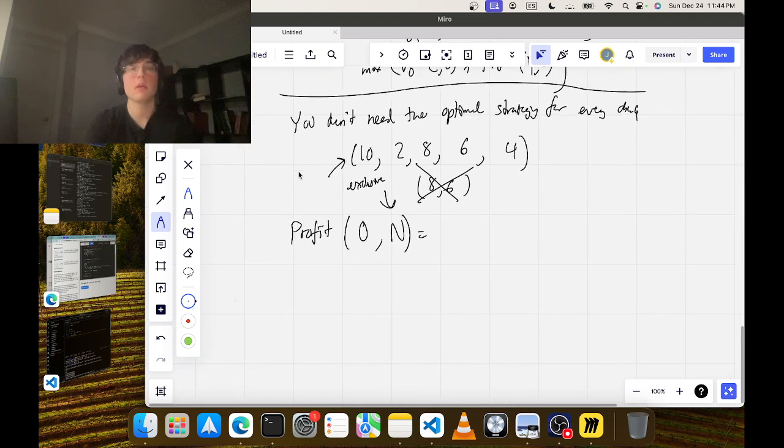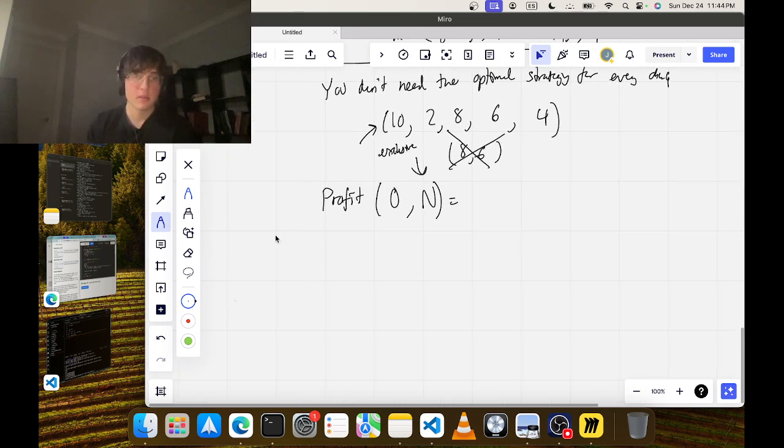So by profit, what is the definition of profit? This is assuming no packages before start.